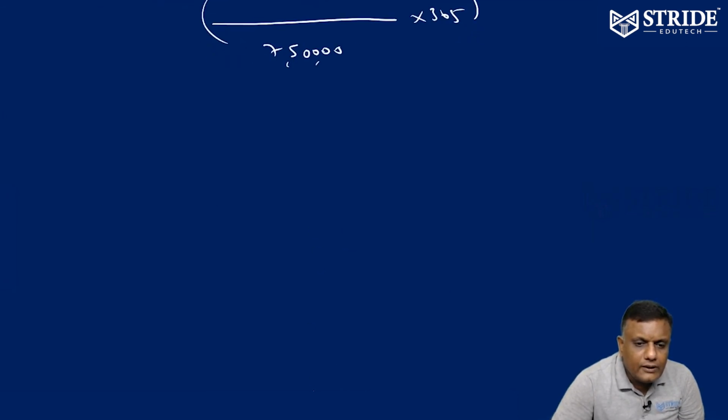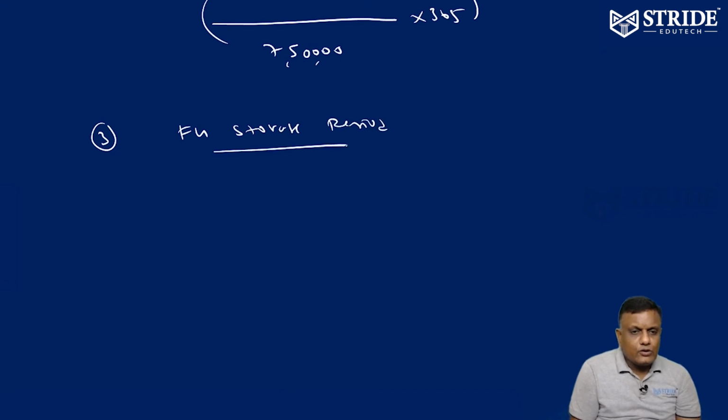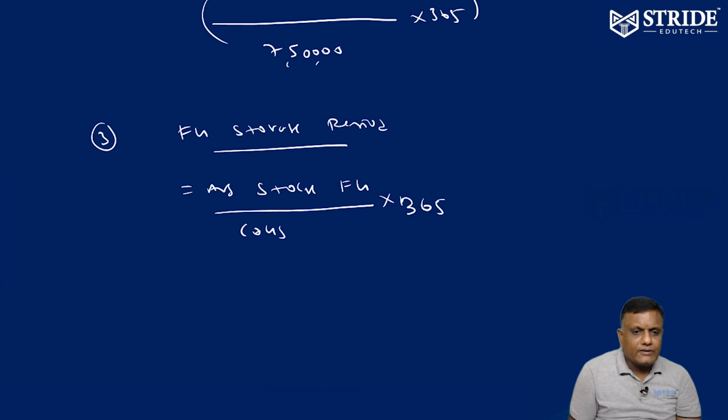Right. Number 3, finished goods storage period. FG storage period is equivalent to average stock of FG by COGS, cost of goods sold, into 365.